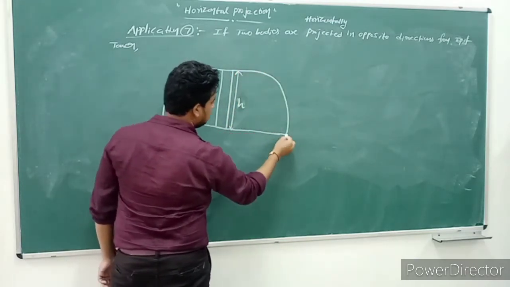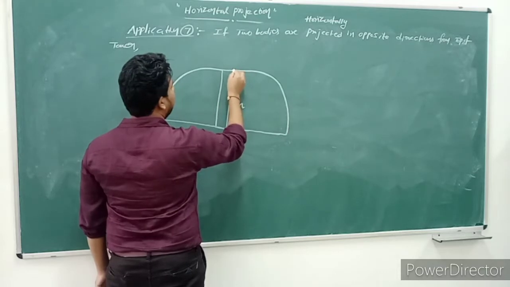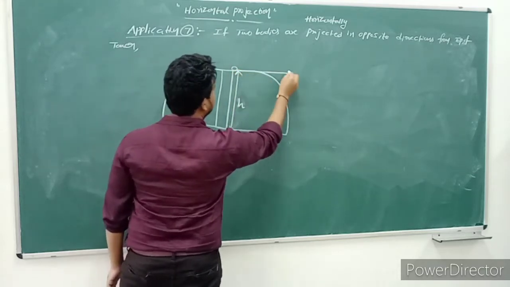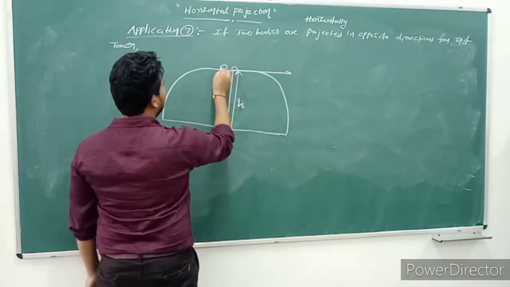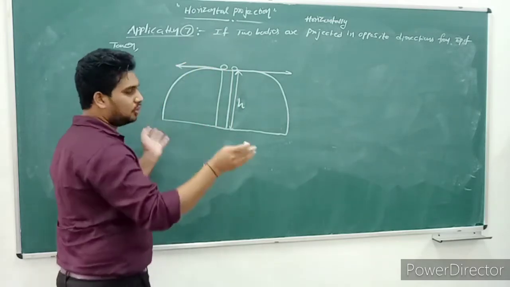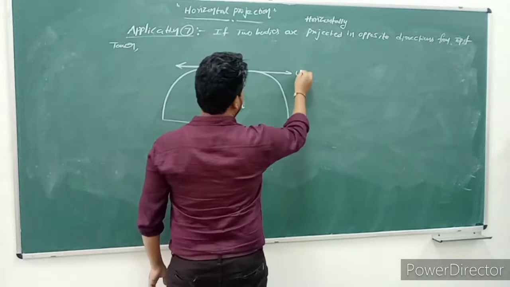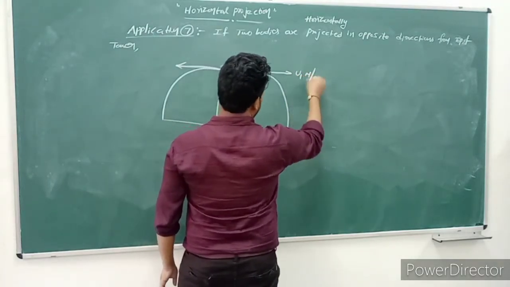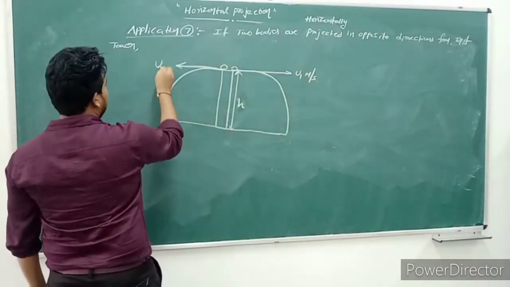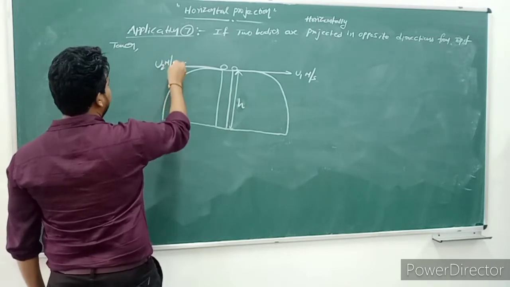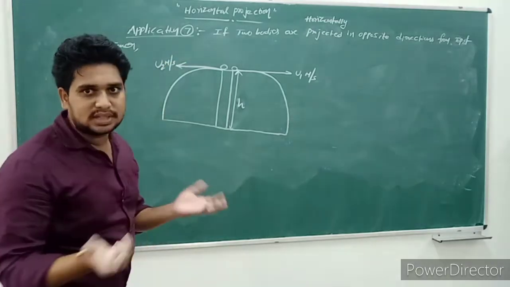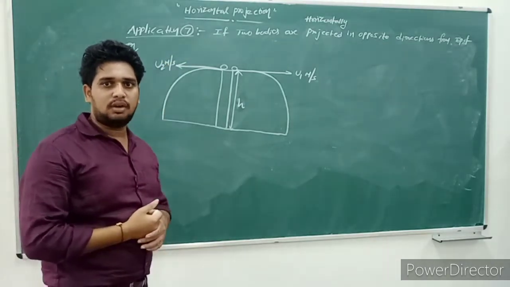So here is one body, projected like this. This is another body, projected like this. Both are projected in opposite directions. The first is projected with initial velocity u1 meter per second, and this one is projected with velocity u2 meter per second. Both are projected horizontally. Okay.